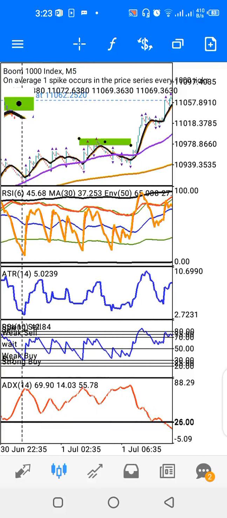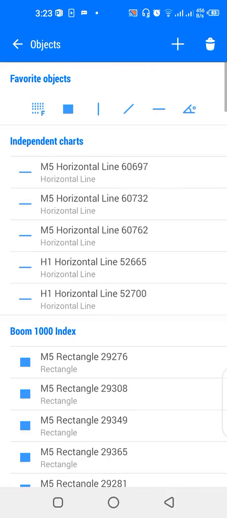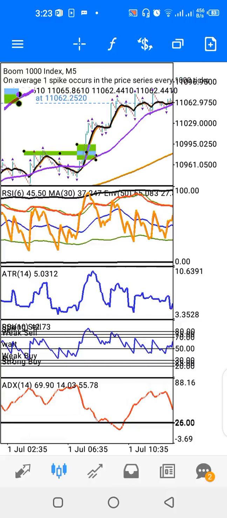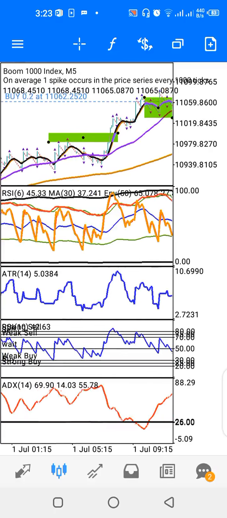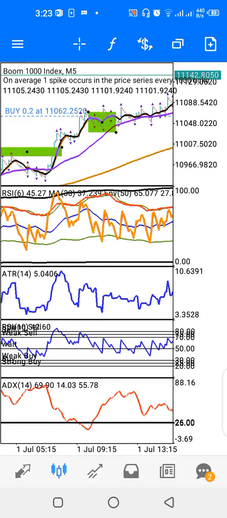You have a high point around here, and price breaks out of that high point, a spike. You can ride the trend. So that's basically how to use the indicators on the main chart.